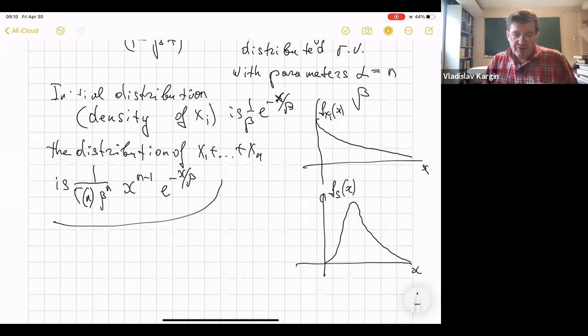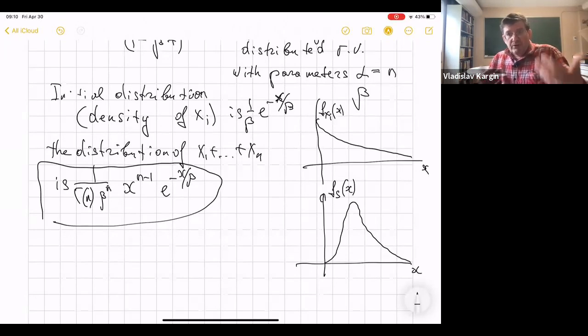This is just one specific example, and if you think about it, it's pretty miraculous in the sense that it's not so easy to calculate it by doing the convolutions of these random variables. You can try to do the convolution, and there will be some integrals, and it turns out these integrals will eventually give you this formula.